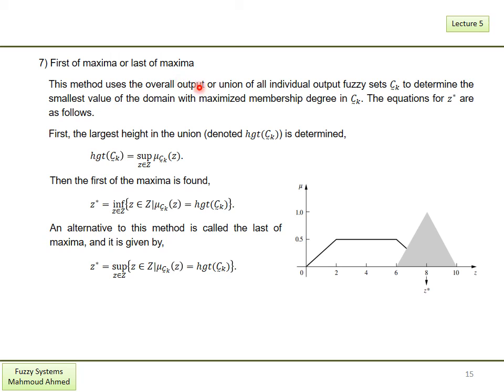What does this mean? We can see in this shown membership function, we have the first membership function given as a trapezoid. The second membership function is given as a triangle.